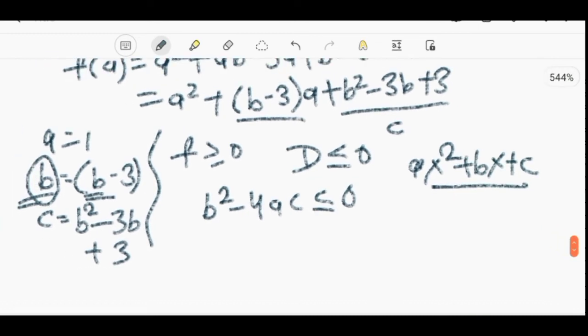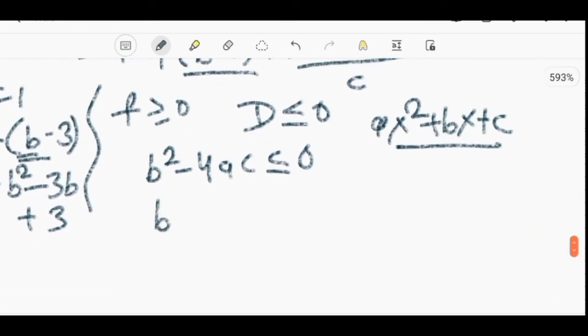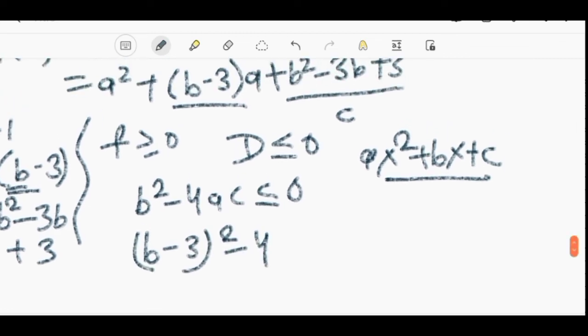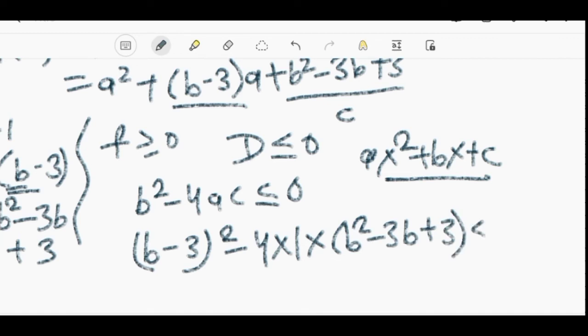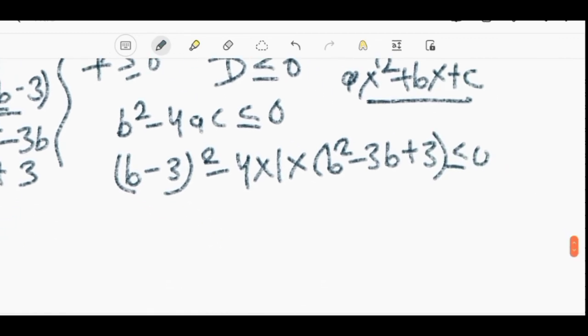So I'm going to put in the values. We'll obtain (b minus 3) whole squared minus 4 into 1 into c, b squared minus 3b plus 3, smaller than or equal to 0.